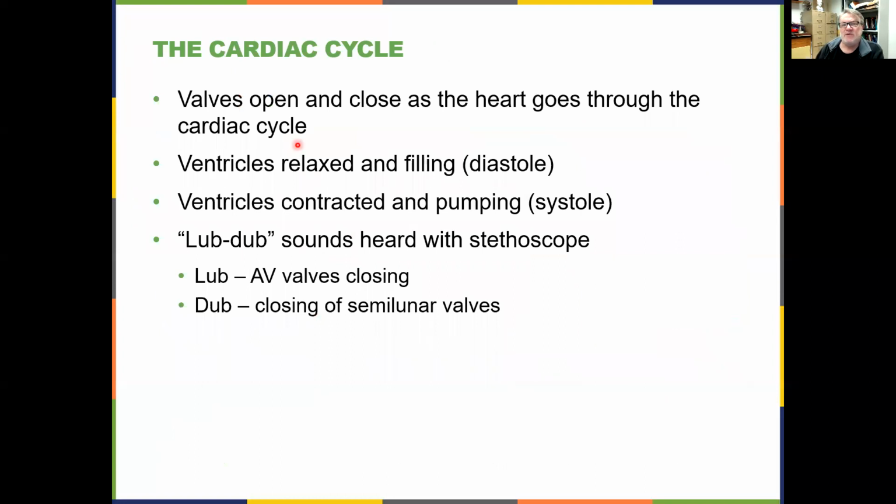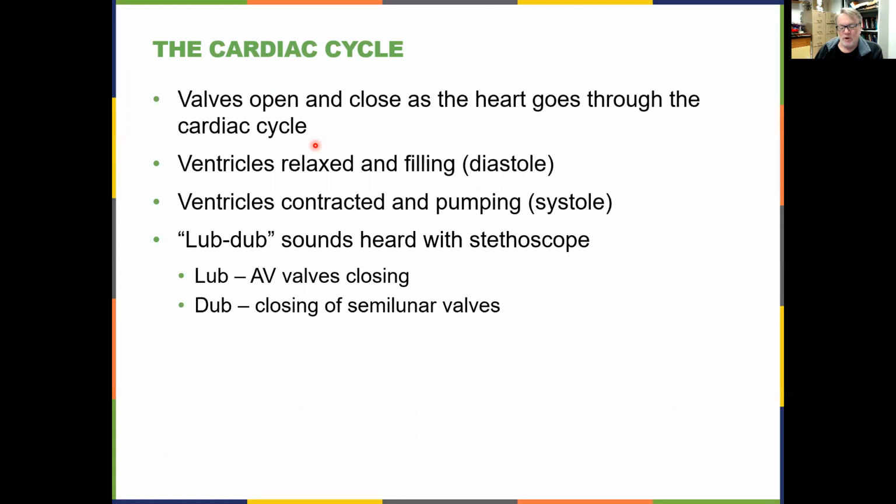The cardiac cycle is dependent on those valves that we learned about in the previous section. The valves are one-way valves that open and close as blood goes through the heart and prevent blood from moving the opposite direction, assuming that they're healthy valves. When the ventricles are relaxed and filling, the valves from the atria to the ventricles are open to allow blood to move through.